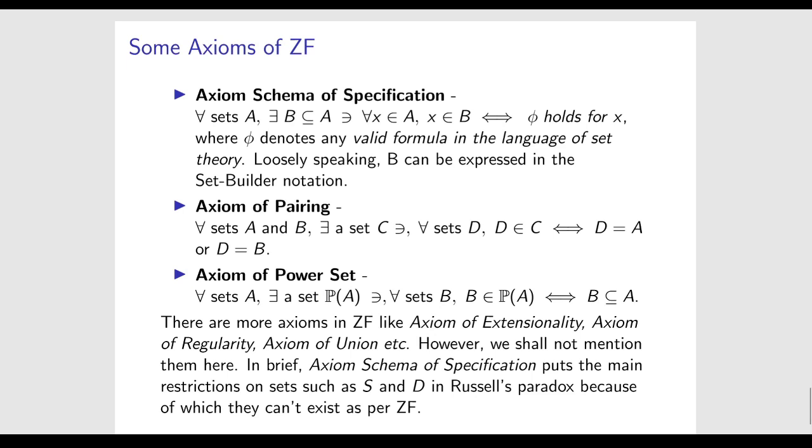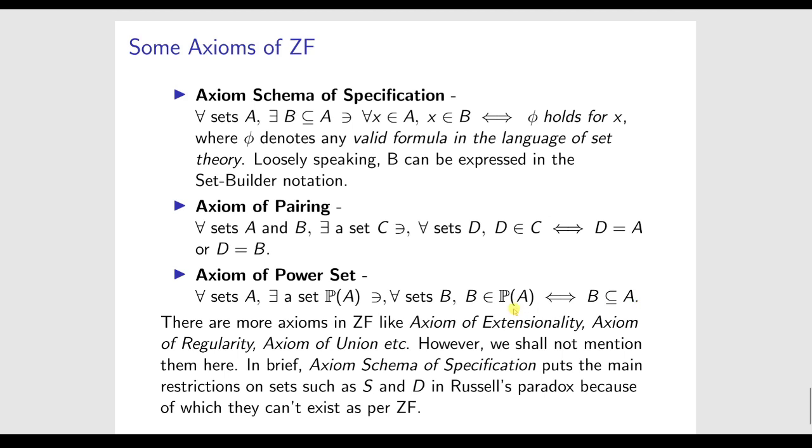This notation means the power set, which we'll see. There is a set P(A) such that for all sets B, B belongs to P(A) if and only if B is a subset of A. That is, B is a subset of A implies it is in the power set, and the power set is actually the collection of all subsets of A.